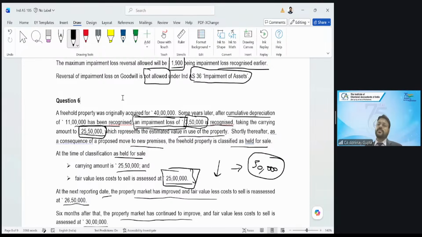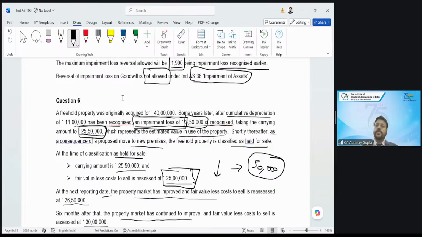So under Ind AS 105, there wouldn't be any situation where we would be recording this gain or loss in the OCI. It will always go straight to the P&L, right? Now, the gain, or I will not regard it as a gain, I will regard it as a reversal of the impairment loss. It will be restricted to the maximum amount that we had initially recognized as impairment loss.